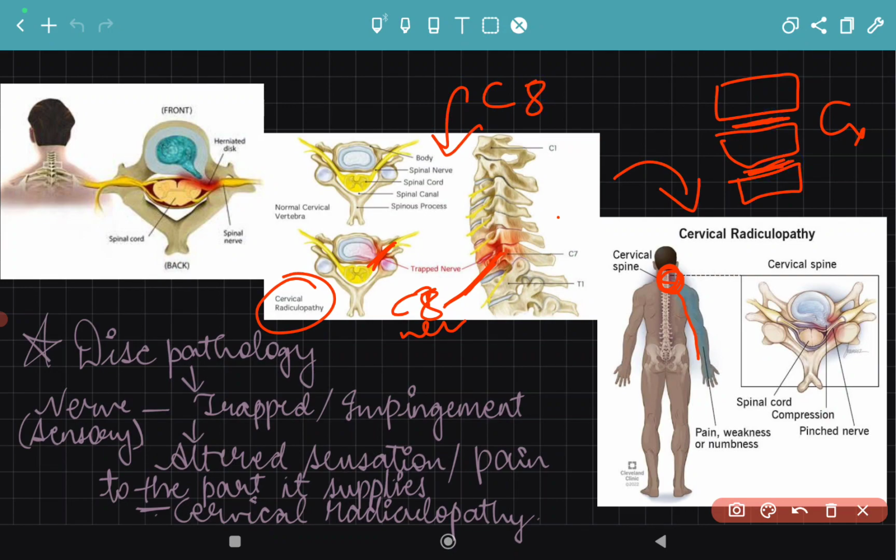So we can have cervical radiculopathy, and hence in the entire arm and forearm we can see some altered sensations or other: pain, weakness, numbness. Weakness will be noticed more when myotomes are involved, which we will be discussing later on. But now, considering the dermatome part.